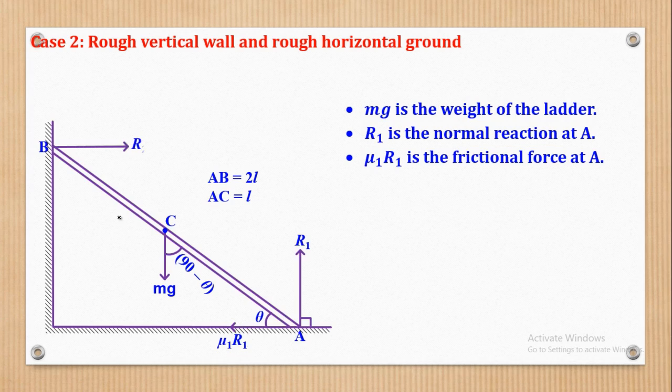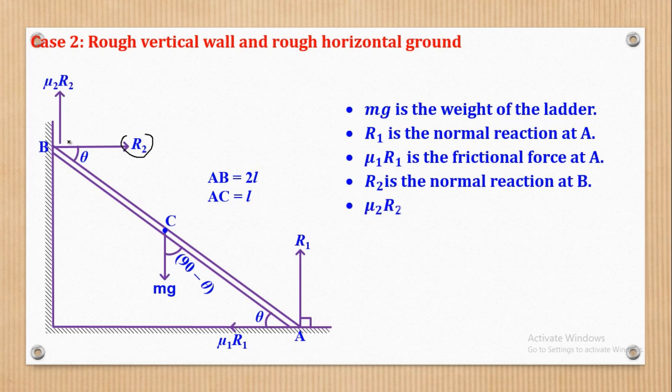The vertical wall will also have a normal reaction, and that is R2, but because it is also rough, it will have a frictional force acting in the direction opposite to that in which the ladder would slide. So if this point would slide, it would move downwards, meaning friction has to act upwards, as you can see here.